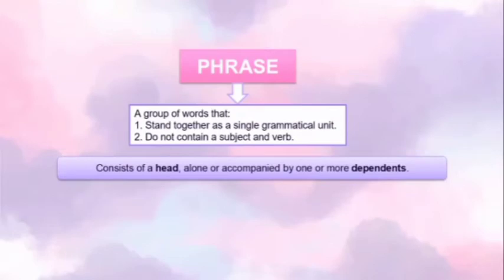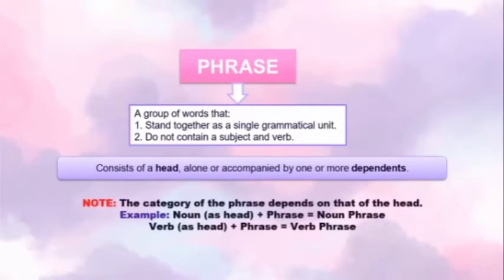Normally, a phrase consists of a head. A head consists of verb, noun, adjective, adverb, etc., alone or accompanied by one or more dependents. The thing that you should notice here is that the category of the phrase depends on that of the head.